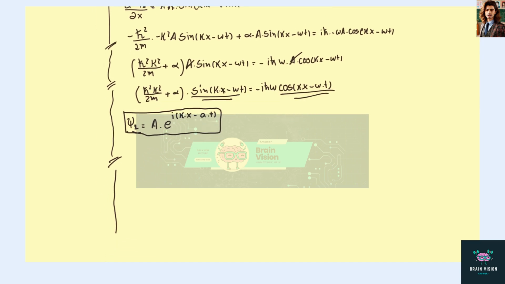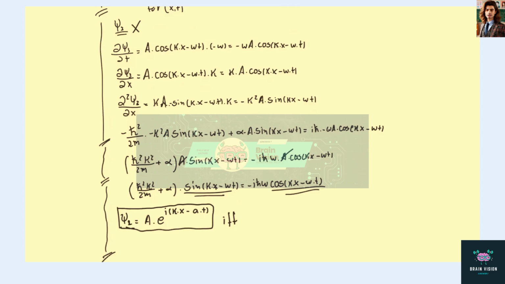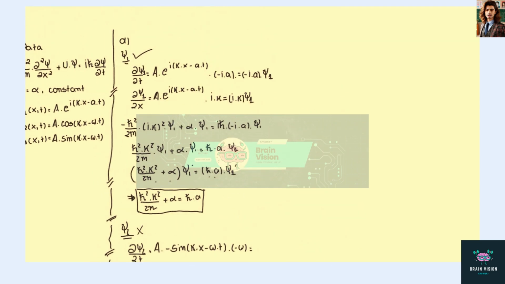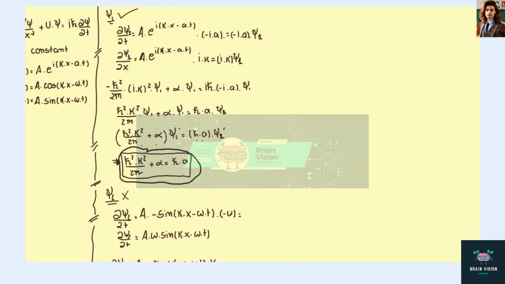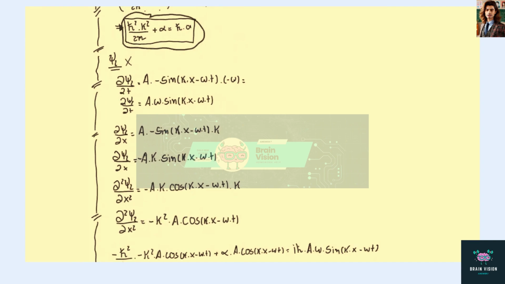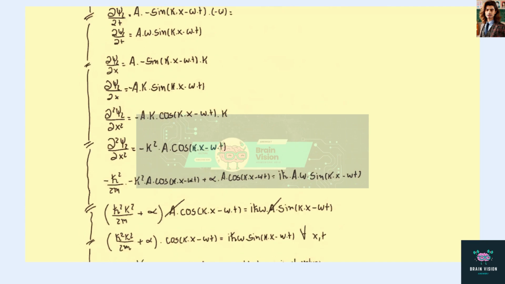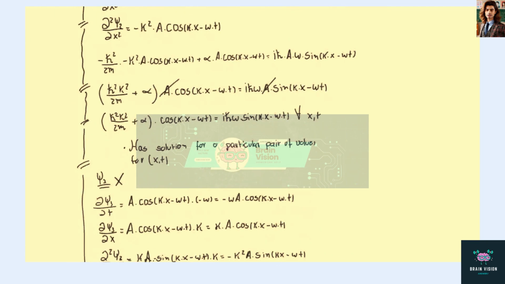Now remember, psi1 is a solution if and only if another equality is satisfied. It is a solution if and only if h bar squared k squared divided by 2m plus alpha is equal to h bar times omega.